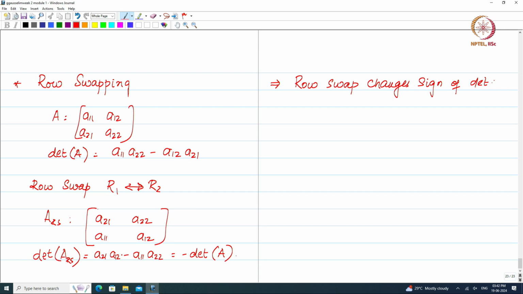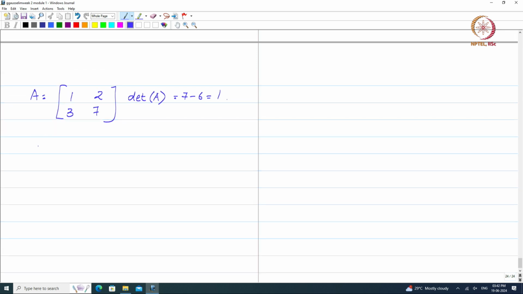Suppose we take some examples. A is equal to 1, 2, 3, 7. So, determinant A is equal to 1 into 7 minus 2 into 3, that is 7 minus 6, equal to 1. Another matrix B, 2, 3, 4, 8.